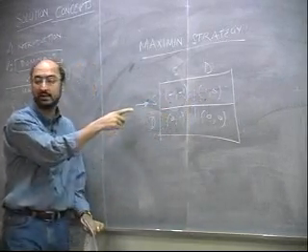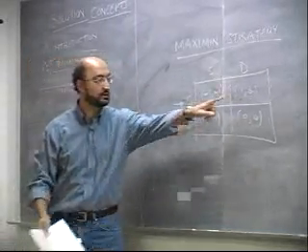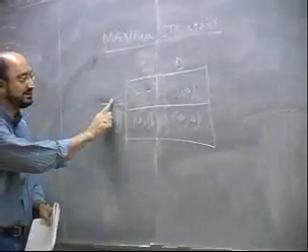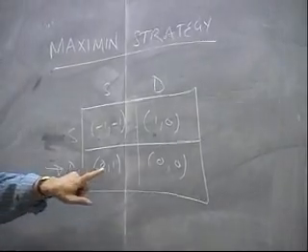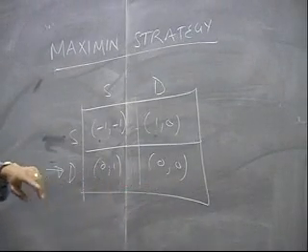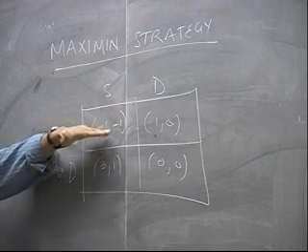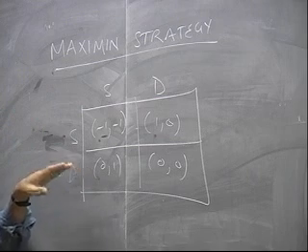In other words, if I play S, maybe the other person doesn't send, in which case I win big, I get +1, or they do send, in which case I get -1. But if I play D, I get 0 or 0, right? So if I play S, there is a possibility I'll get -1, but if I play D, I'm for sure going to get no worse than 0.